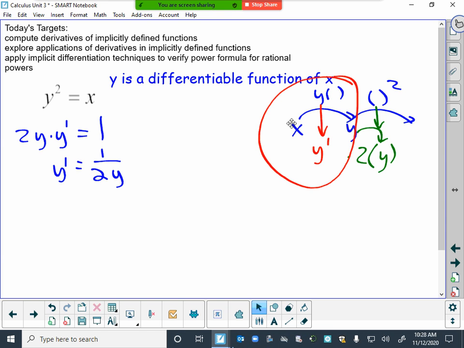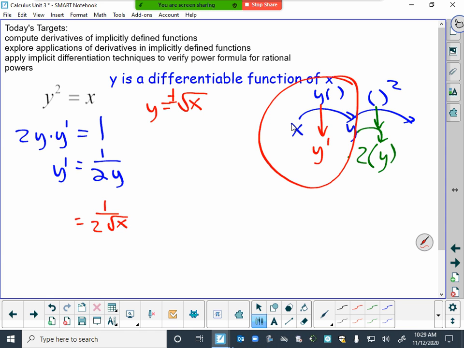If we could explicitly make this say y equals, just to tie this together and make this more believable, y equals plus or minus the square root of x. If we substituted that in for the y here, we get 1 over 2 root x, which is what we would say if we had the derivative of y equals the square root of x.